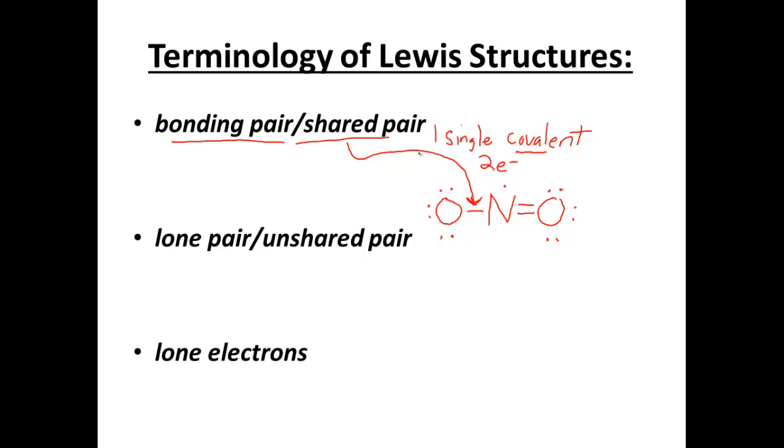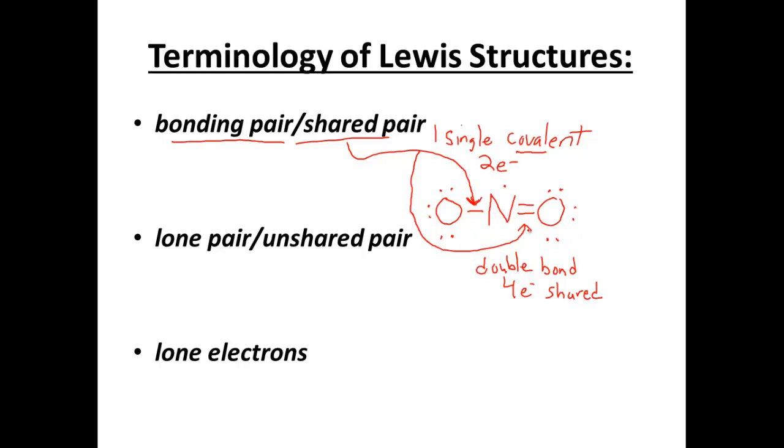Now, on the other side, we have what is going to be known as a double bond. And a double bond instead is going to be 4 electrons shared.